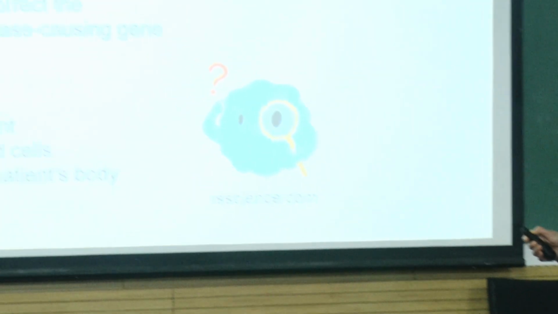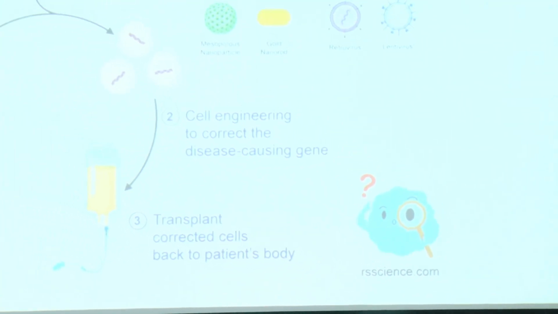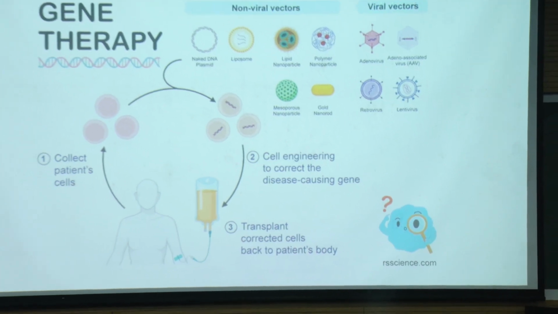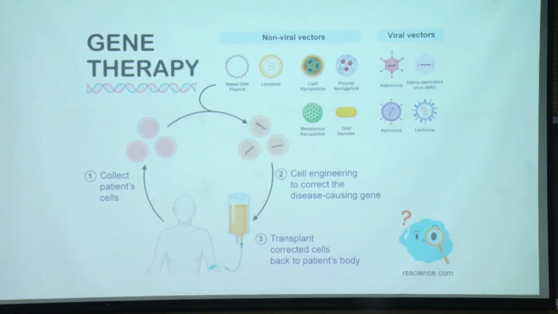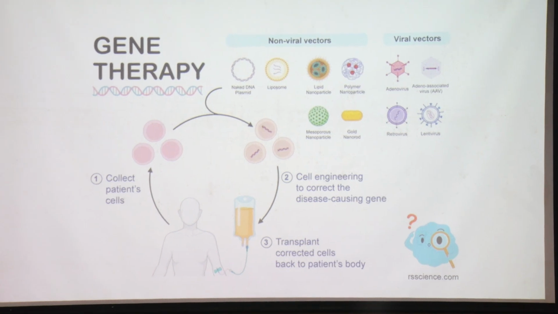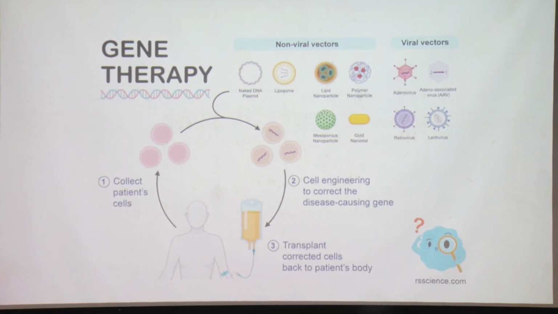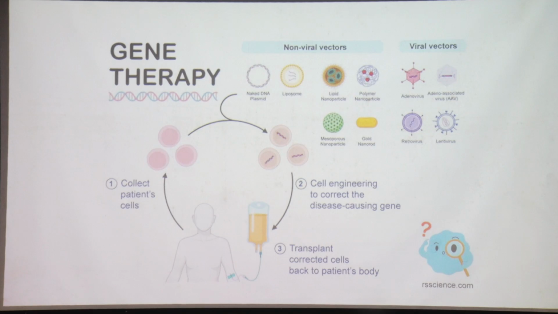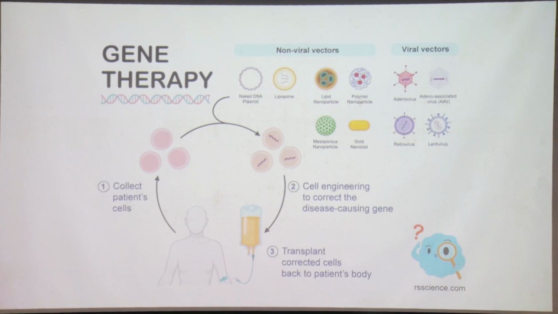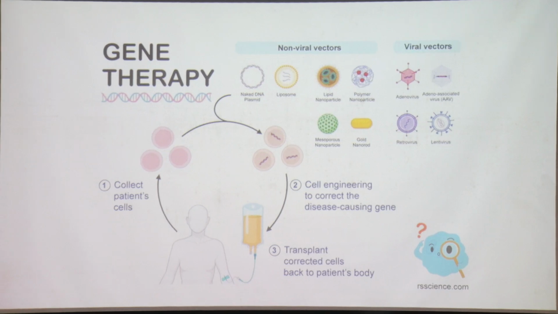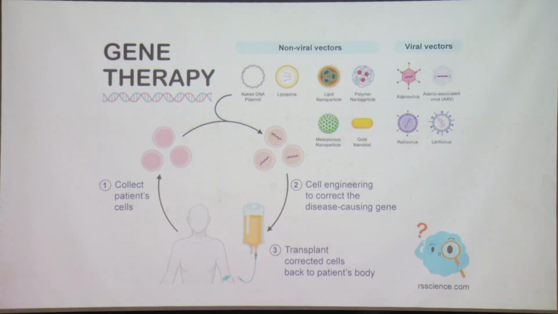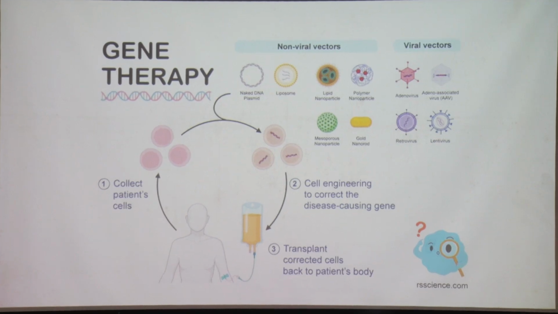Okay, so in gene therapy, there are many ways to give the DNA back to the cell. Do you guys know what a plasmid is? Some of you know what a plasmid is, right? So a plasmid is a piece of DNA, and you add your DNA of interest here. Now this whole system, if you put it in a cell, it will make more DNA, DNA will make RNA, RNA will make protein, right?